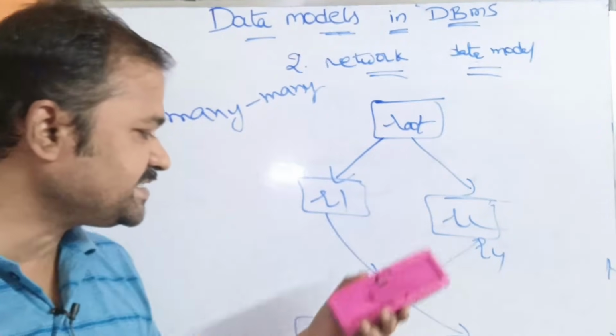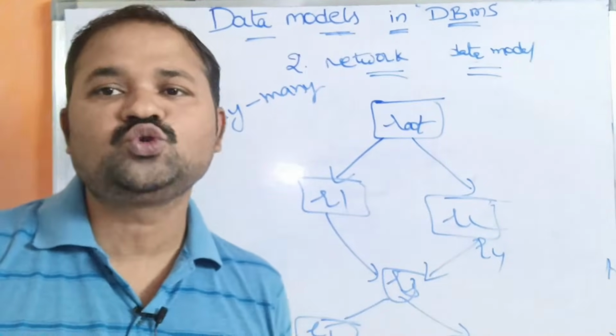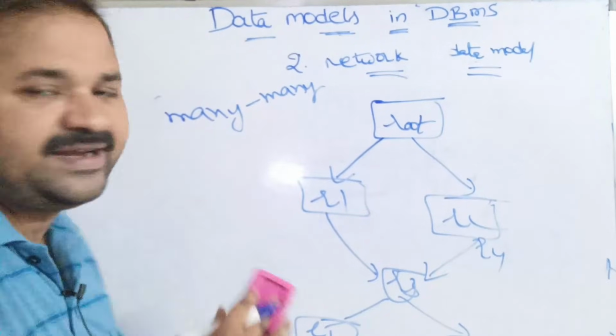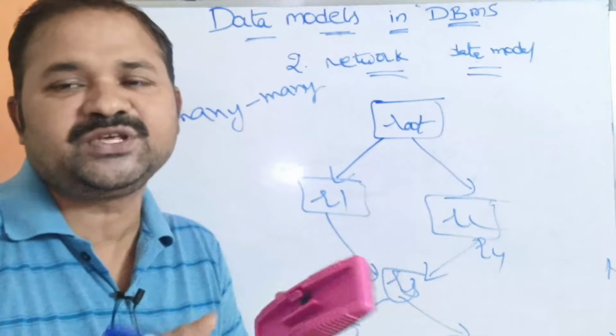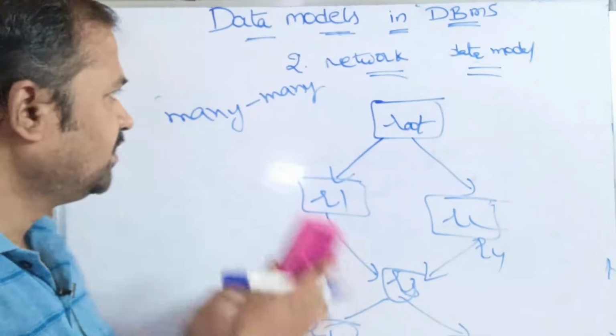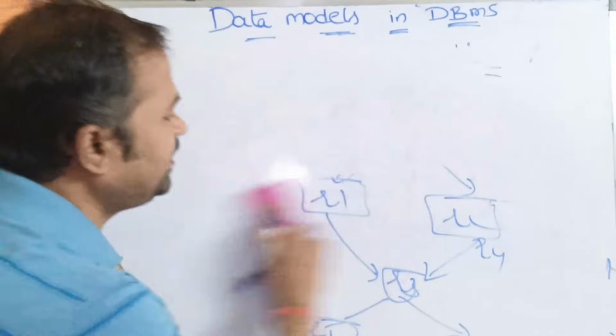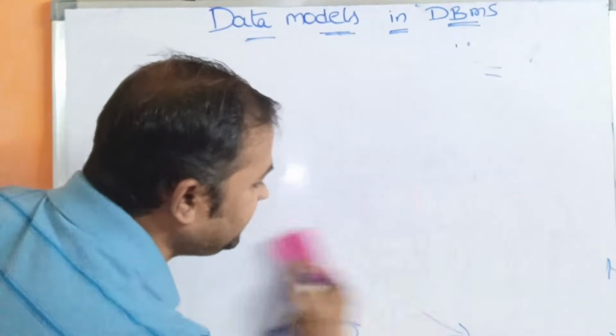R3 has two parents as well as two children. In the olden days we used the network data model. The network data model is an extension of the hierarchical data model. Nowadays we are not using the hierarchical and network data models. Nowadays we are using the relational data model.